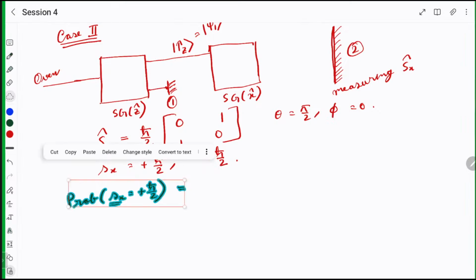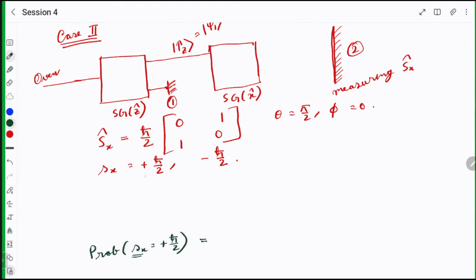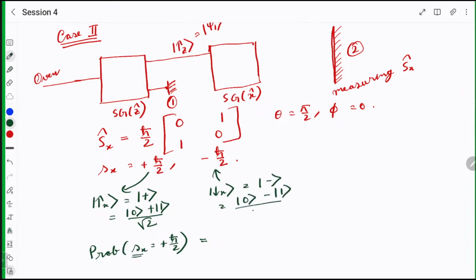The eigenvector corresponding to Sx plus h cross by 2 is up x, which we also write as ket plus, and that is (ket 0 plus ket 1) by root 2. And this is down x, which we also write as ket minus, and this is (ket 0 minus ket 1) by root 2. The reason we use ket plus is because this is 0 plus 1, and ket minus because this is 0 minus 1.